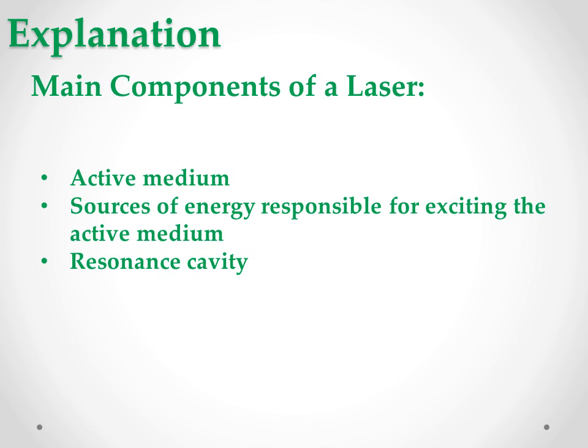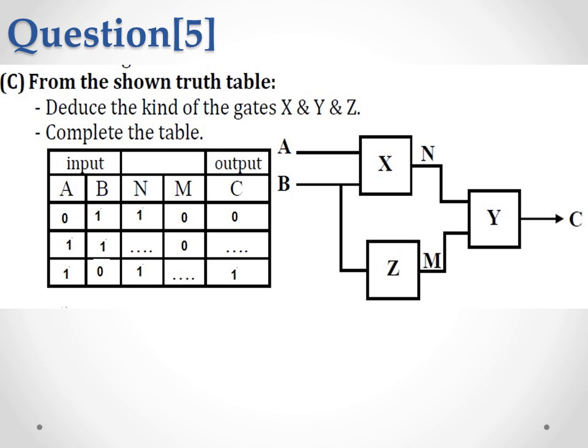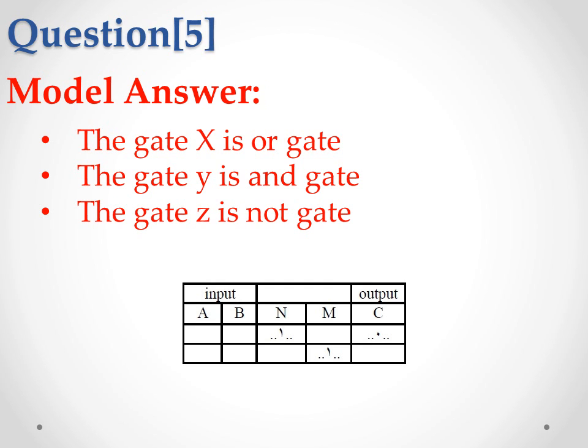Question 5. C. From the shown truth table, deduce the kind of the gates X, Y, and Z. Complete the table. Model answer. The gate X is an OR gate. The gate Y is an AND gate. The gate Z is a NOT gate.